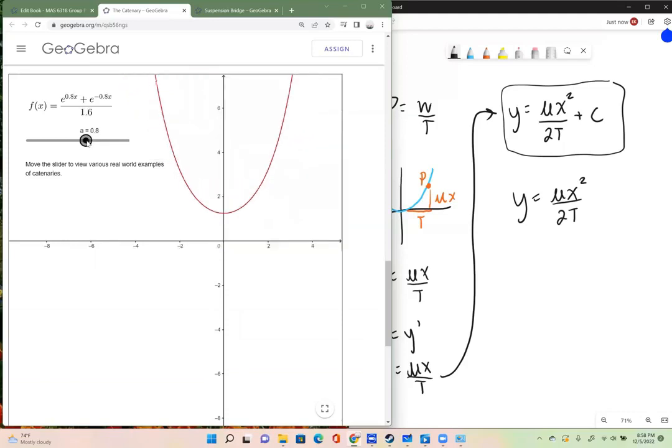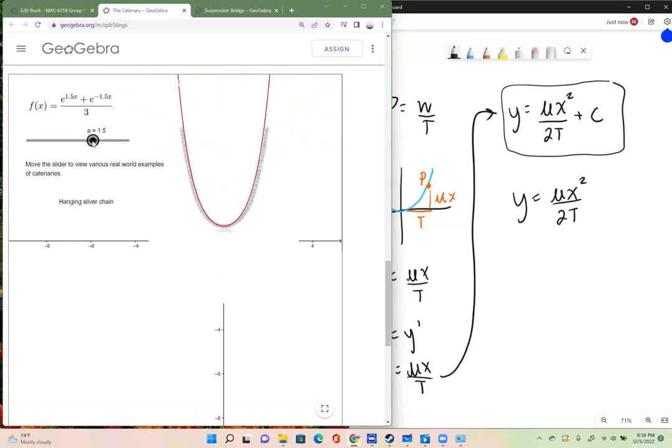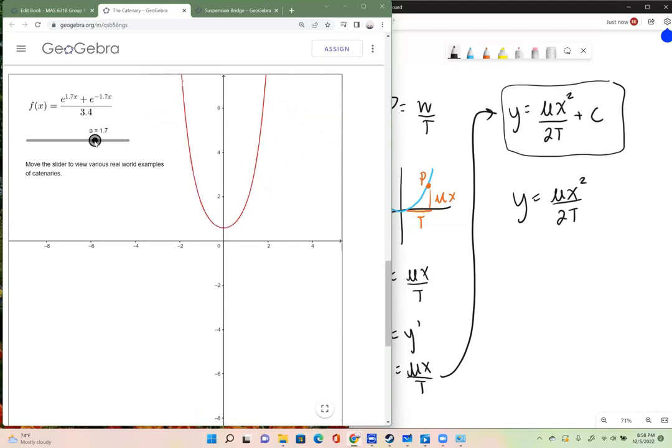Spider web, and I have some chains. Where did they go? A silver chain. I just found these pictures off of some jewelry websites. And yeah, so those are the differences between parabolas and catenaries.